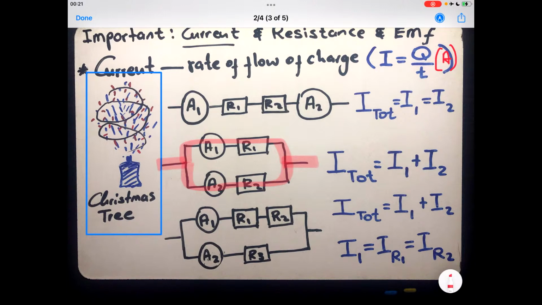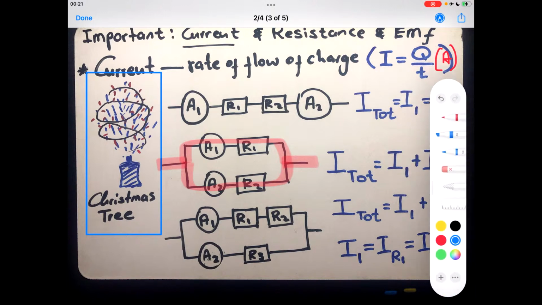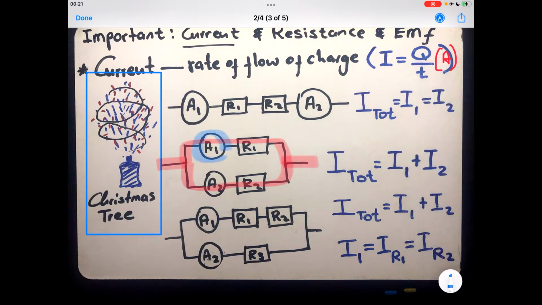Meaning, good people, the water passing through there could be the same or it could be different when you compare it with the water passing through there.